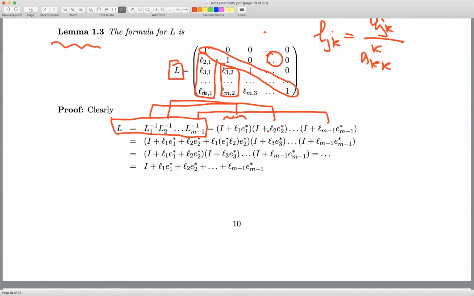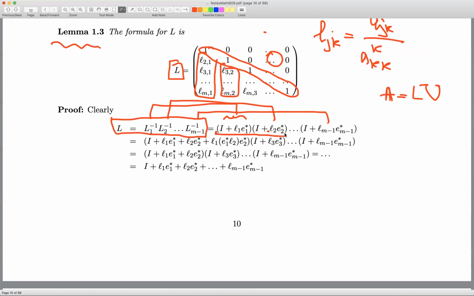So the lemma, to go back to the lemma, says that the formula for L is this, and in fact, this tells us that using Gauss elimination, we get the matrix L for free, the elements of this lower triangular matrix that participates in the LU factorization of the matrix A. So to do the proof, we will first prove this product here.